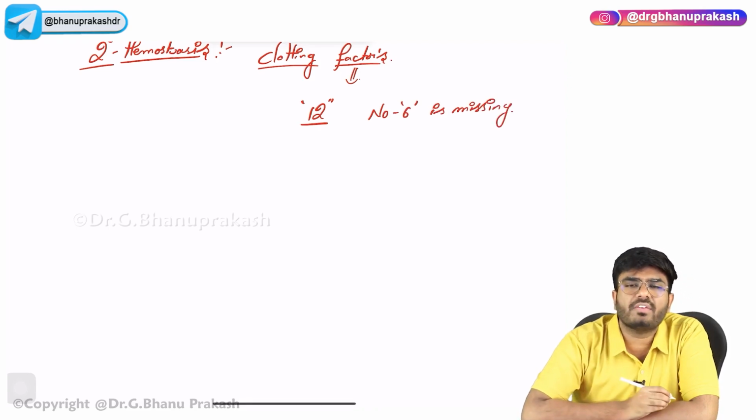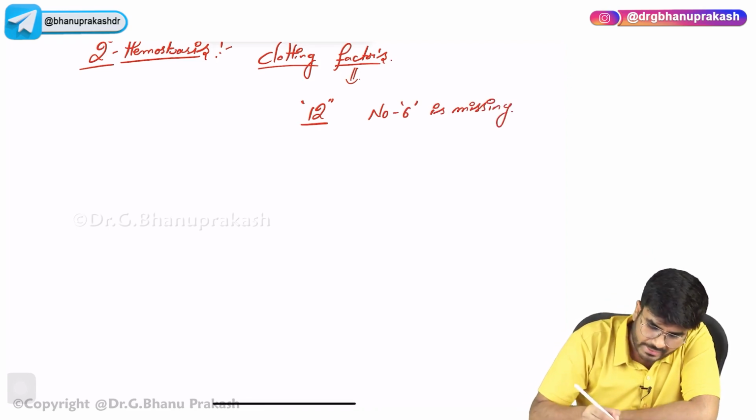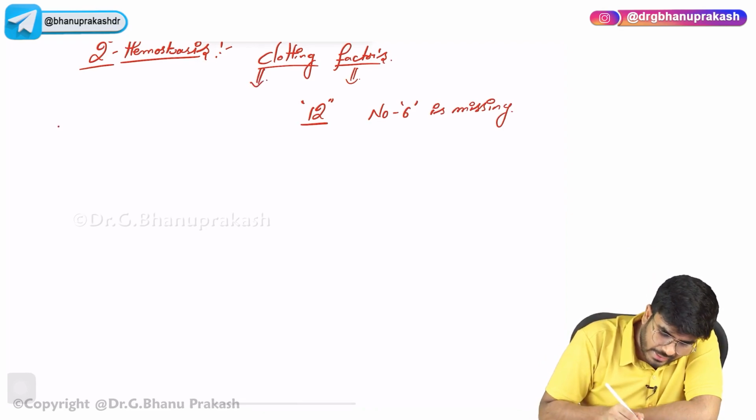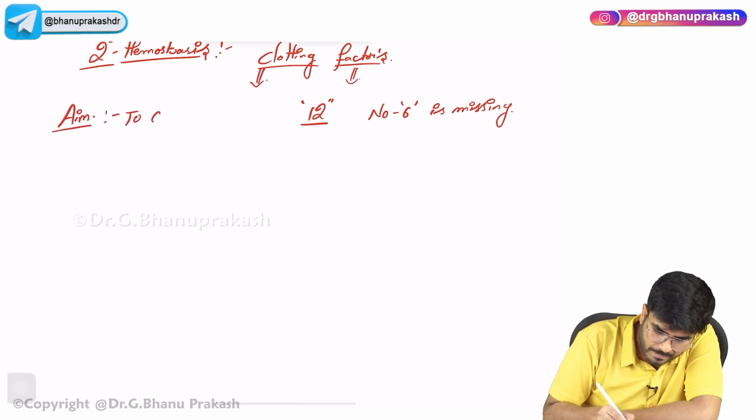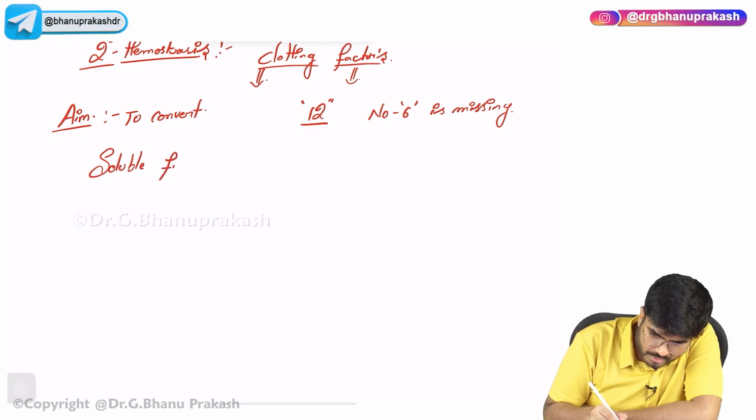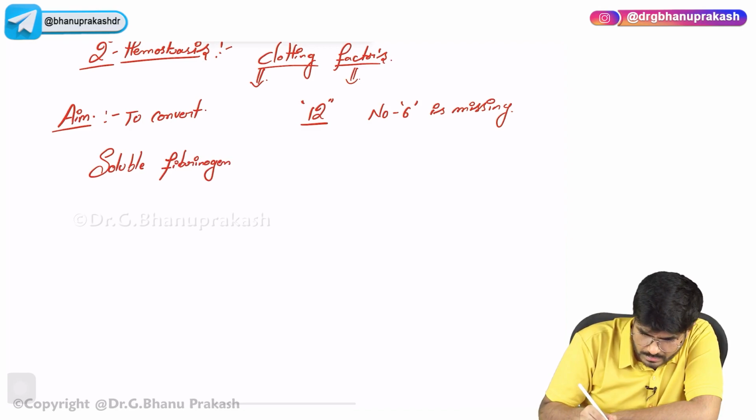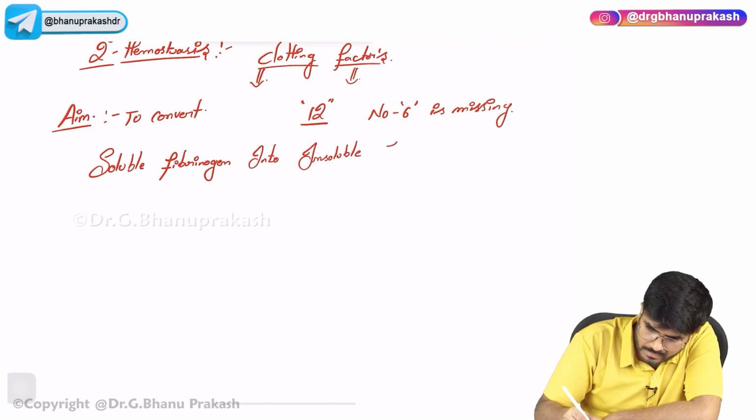So what are these clotting factors doing? What is the purpose of clotting at the end of the day? The aim of clotting is to convert soluble fibrinogen into insoluble fibrin.